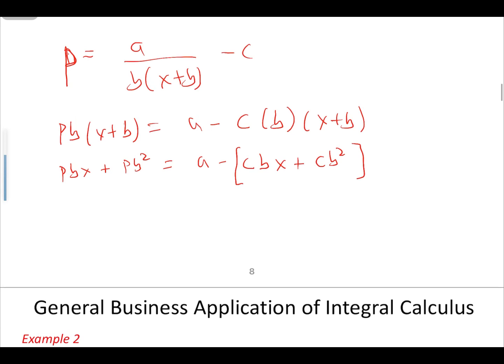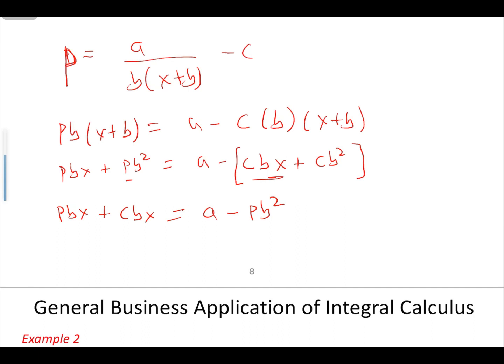And therefore, having this, we can group like terms as well. So when we send this one here, we're going to get BPX. Now this one will affect this one as well. So we are going to get plus here CBX, which is equal to, remember here it's going to be negative, A minus PB squared.